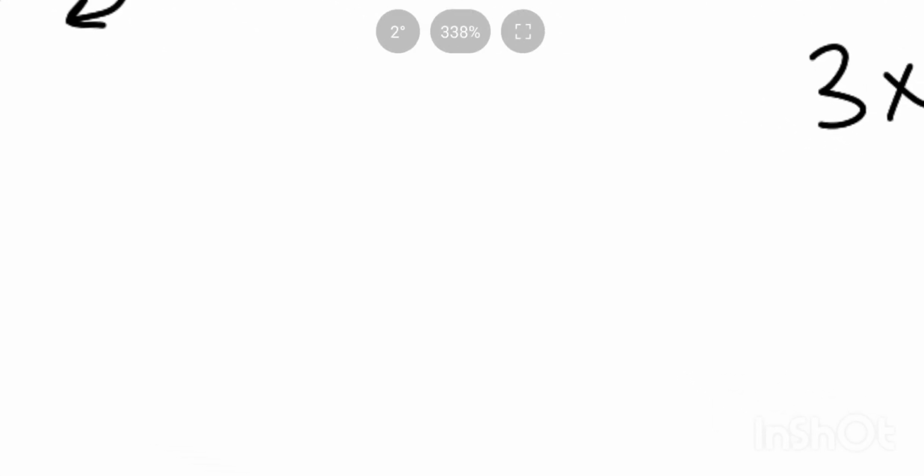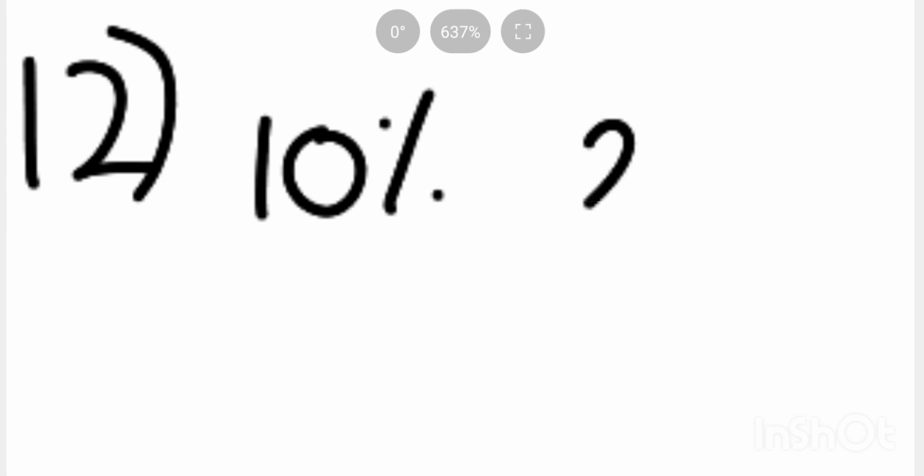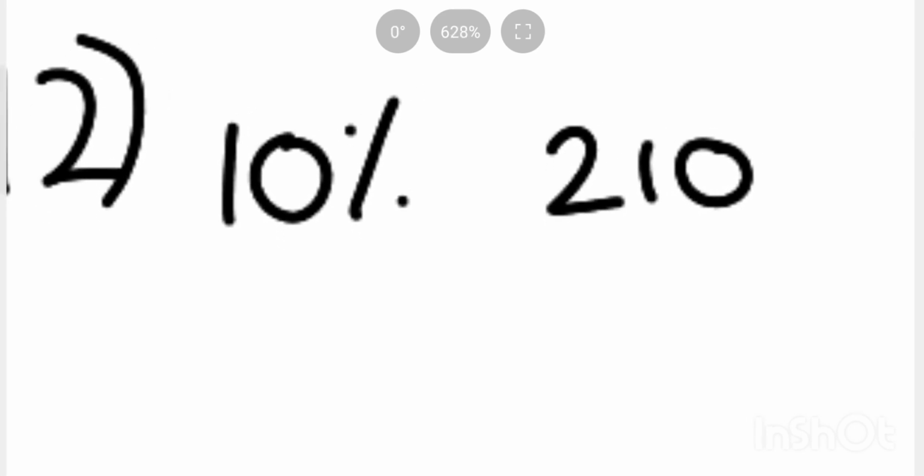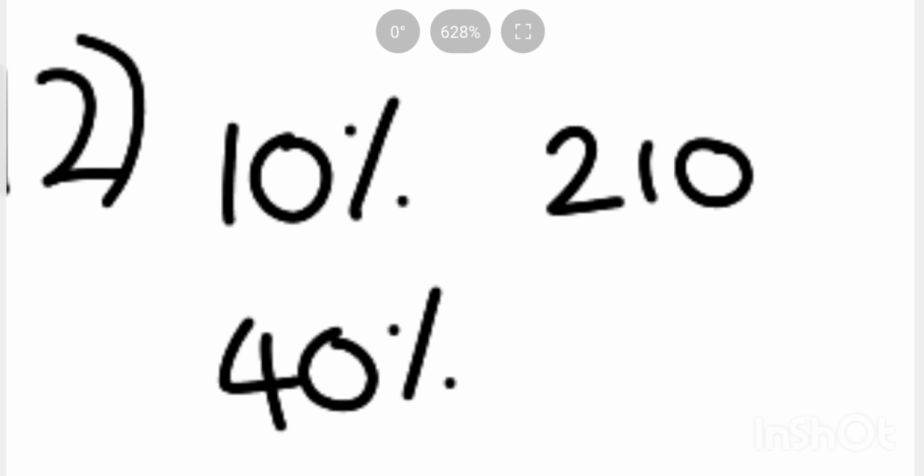So question 12. 10% of 2,100 is 210. Work out 43%. So we're given 10% as 210, and we can do 40%, and to get 40% you do 10% times 4.